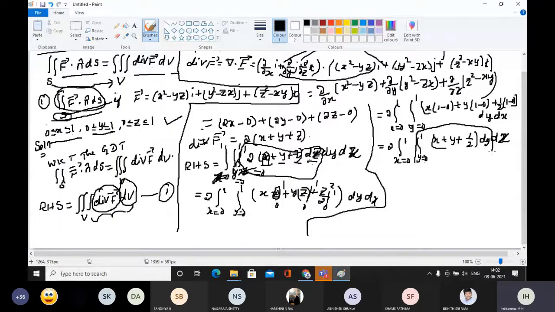So this is equal to 2 times integral x from 0 to 1. What is the integration of x with respect to y? xy. What's the integration of y with respect to y? y square by 2.